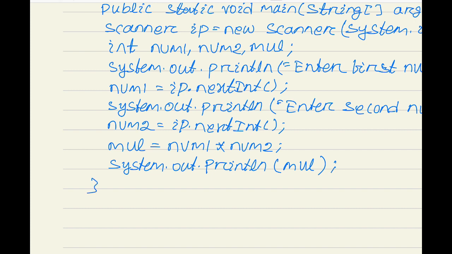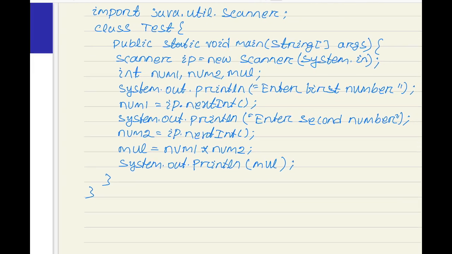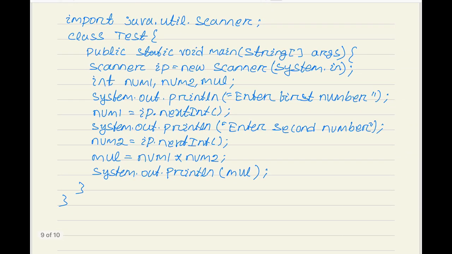Now end of main, end of class test. So this is the program for taking two int values, or two whole numbers, and computing their multiplication. Here you can see num1, num2 and mul are of type int.